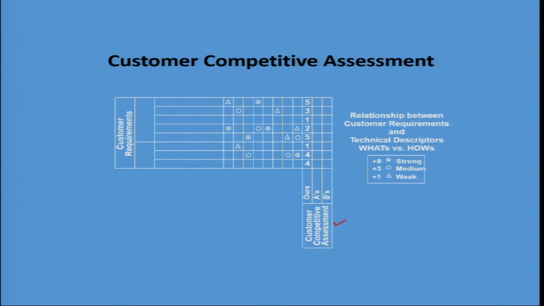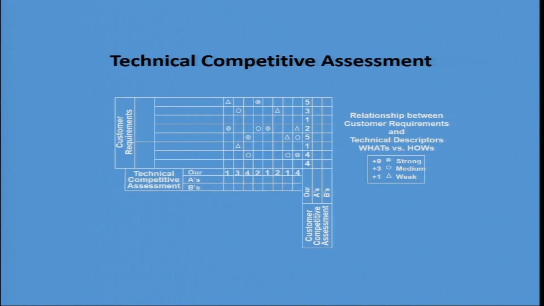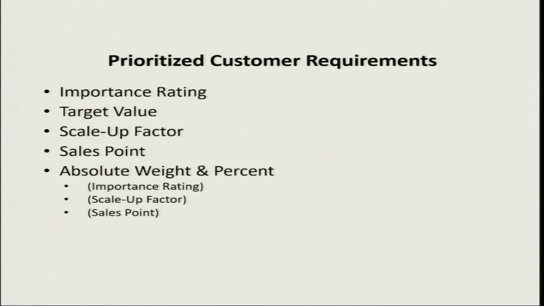What is our rating of our product with respect to customer requirement, and we also rate our competitors' product. And then we will compare our technical descriptors vis-a-vis the competitors' assessment, and based on that we prioritize what we need to improve, what should be the target value, whether it is a customer requirement or technical descriptors, we set the target value.